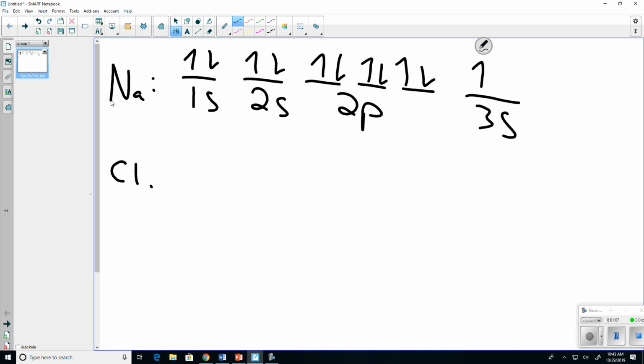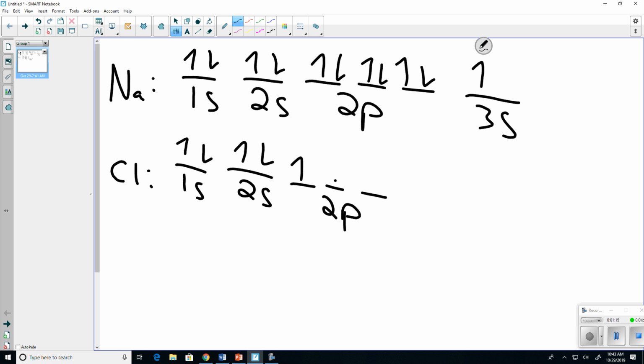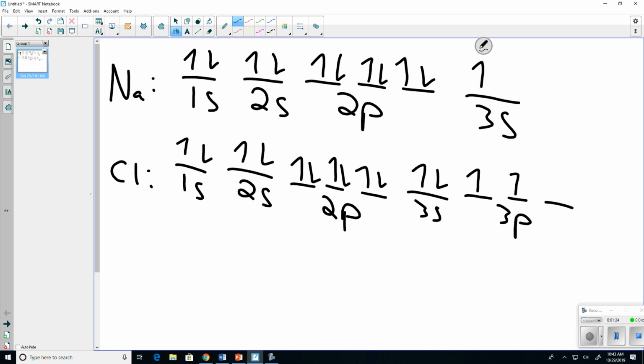For chlorine, it's a little bit bigger. This was its orbital notation.